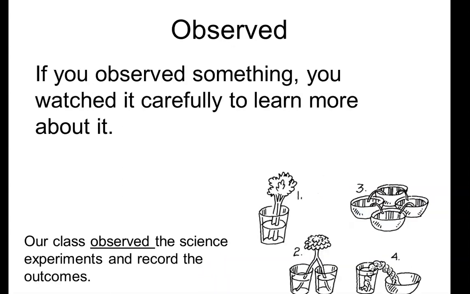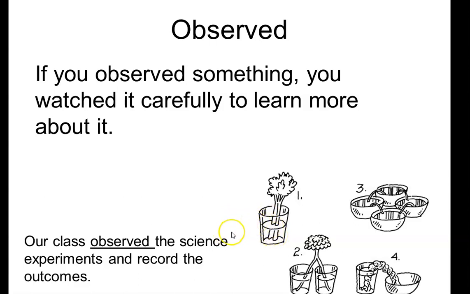Our next word is observed. If you observe something, you watch it carefully to learn more about it. And our example is our class observed the science experiments and recorded the outcomes. And we've done this many times in science, and the last one we did was where we had chalk in one cup and water in another cup, and it was to signify just regular water, and then the vinegar was to represent an acid rain, and we put a piece of chalk in each, which represented rocks.